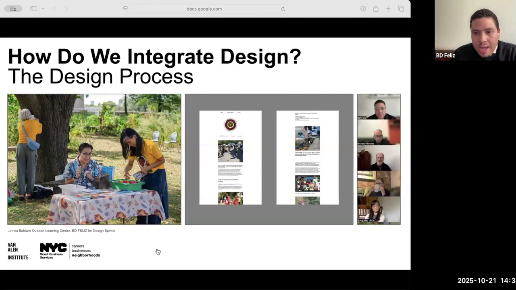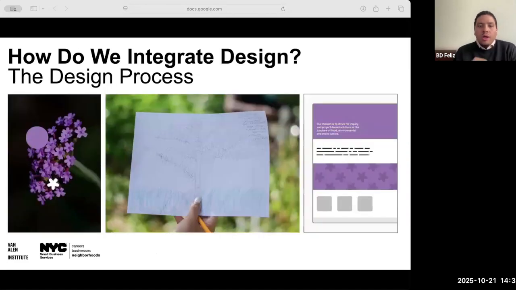And the examples that I wanted to share, if you can go to the next slide, please. One super important part of scoping, I would say, is site visits. This is a project that I worked on with the James Baldwin Outdoor Learning Center in design sprints last year. A super helpful part of us getting the ball rolling was visiting them when they had a farmer's market.